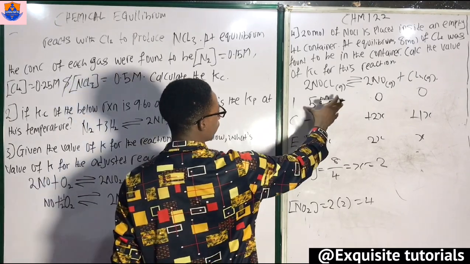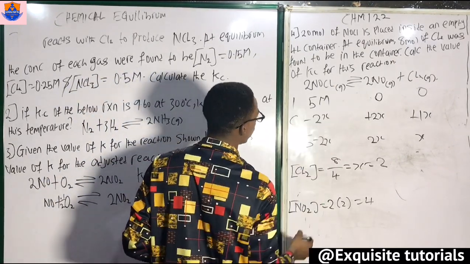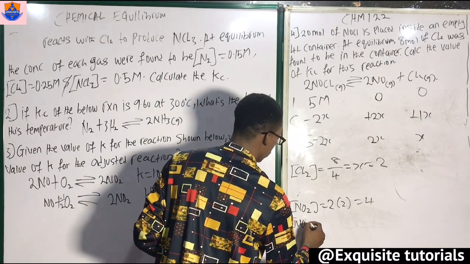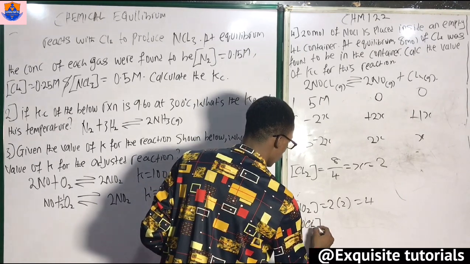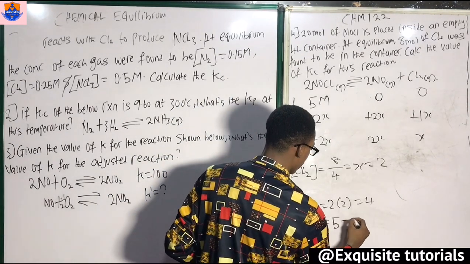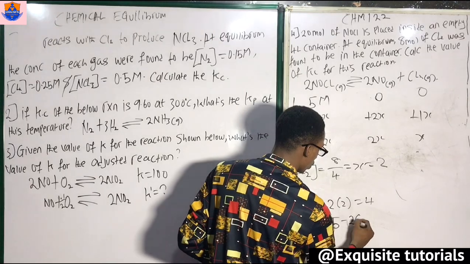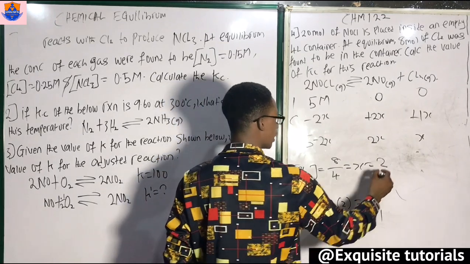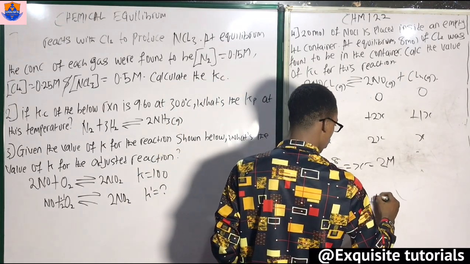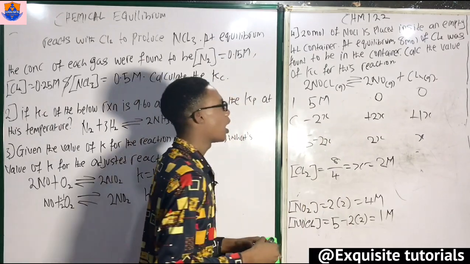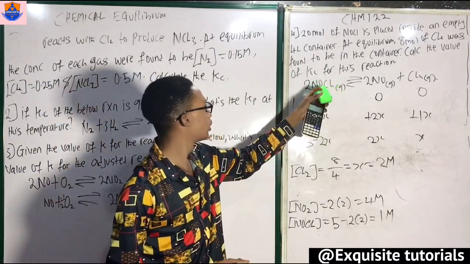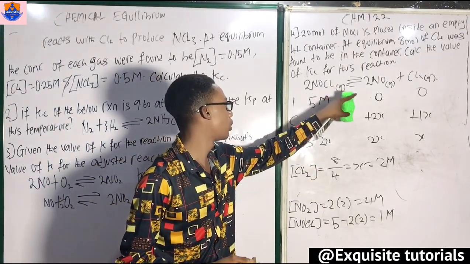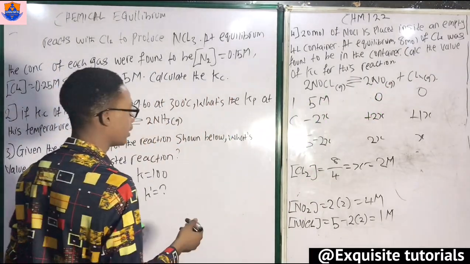Then the concentration of NOCl at equilibrium will be equal to 5 minus 2 times 2, which gives us 5 minus 4, which is 1. So now these are the concentrations of each compound in this reaction.